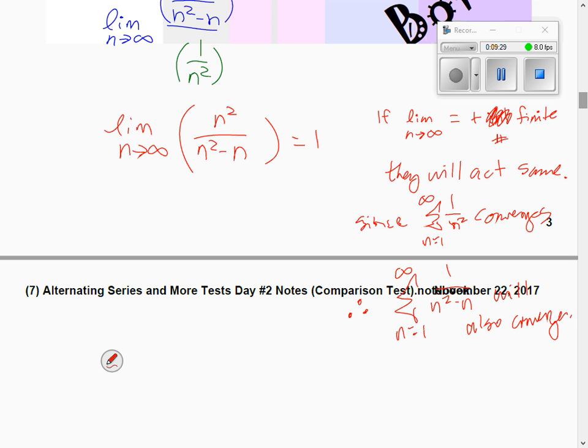So I could technically say, but I don't want to put it up here, 0 or positive finite number if the known function converges. Okay, so let's pause for a second. What if I compared it to 1 over n and I got the number 5? Does 1 over n from n equals 1 to infinity converge or diverge? Diverges. Therefore, the comparative function will also diverge.